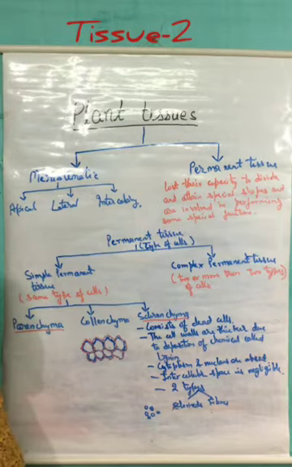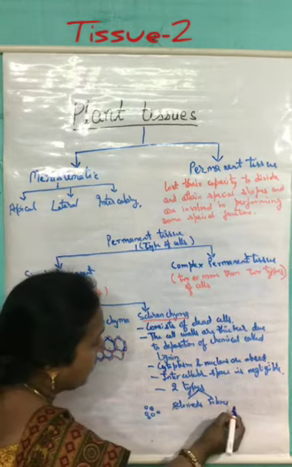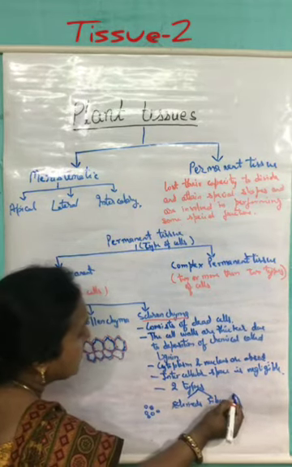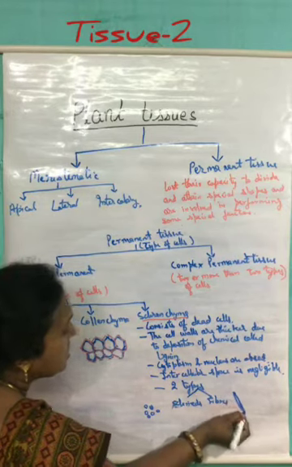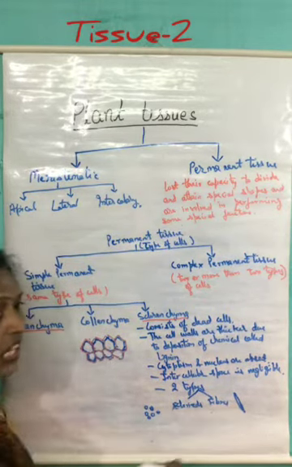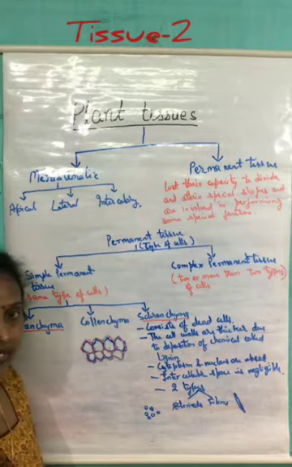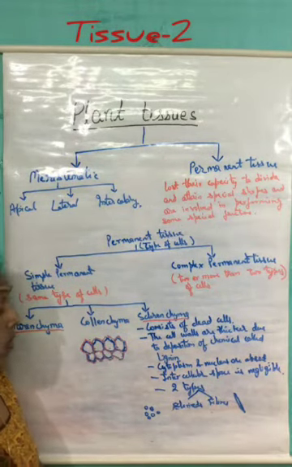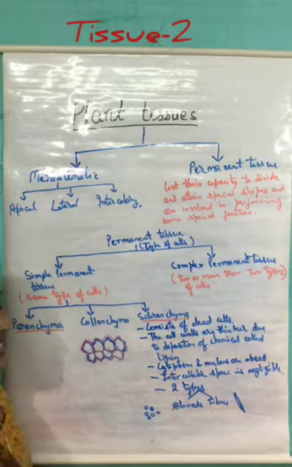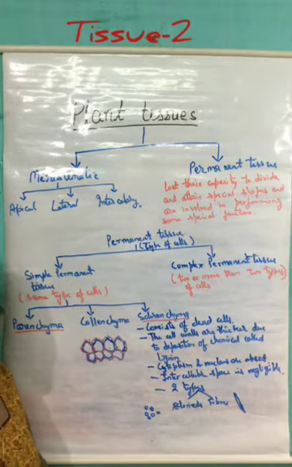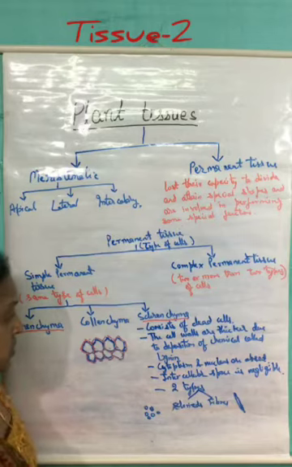They are also known as stone cells and are found in scattered form. Whereas fibers are those sclerenchymatous cells which have elongated and tapering structures. These fibers are mainly found in jute and the covering of the coconut, whereas sclereids we have seen in the pear and some other fruits.